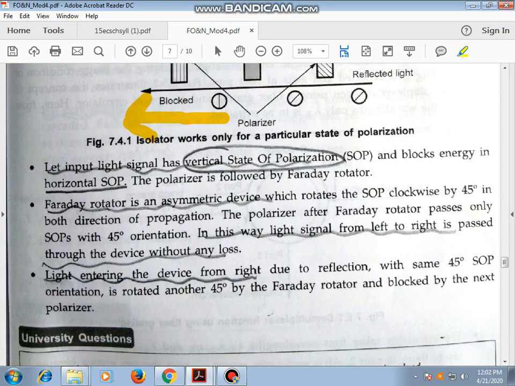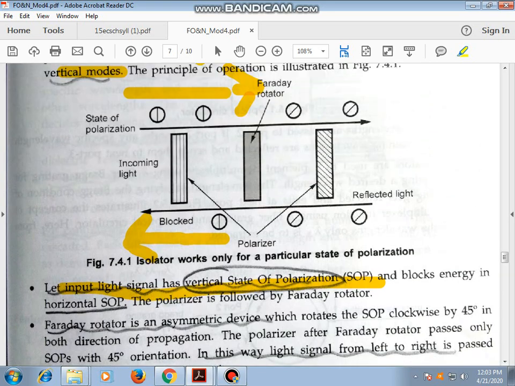Let the input light have a vertical state of polarization; the isolator blocks energy in the horizontal state of polarization. It will allow the signal to flow in only the vertical state of polarization. Here you can see that the electric field is perpendicular to the direction of signal flow. Here you can see a Faraday rotator.